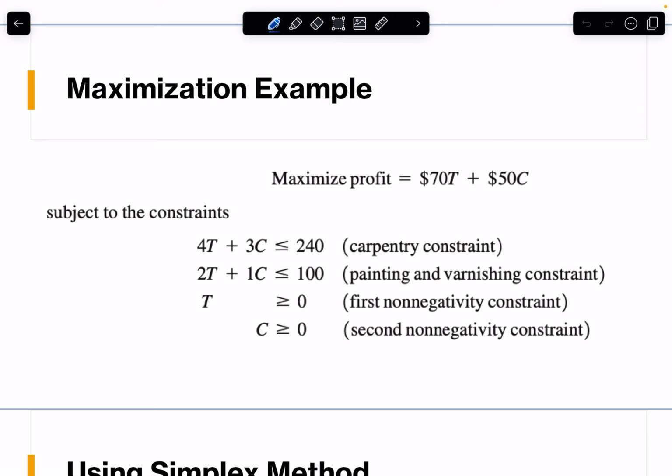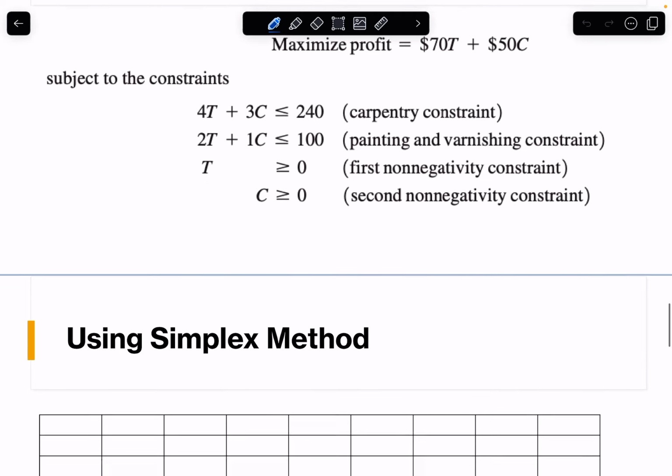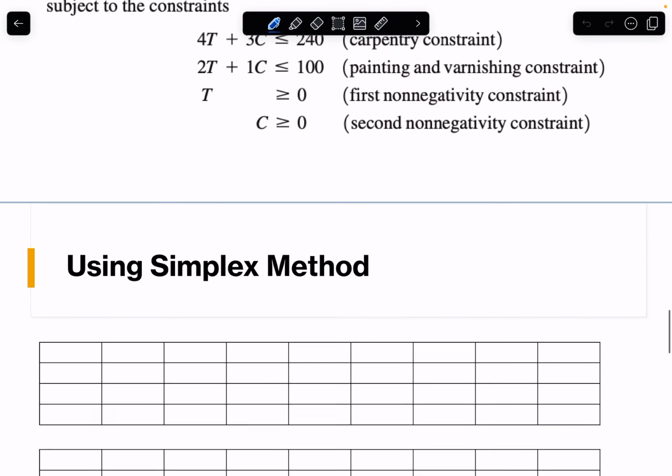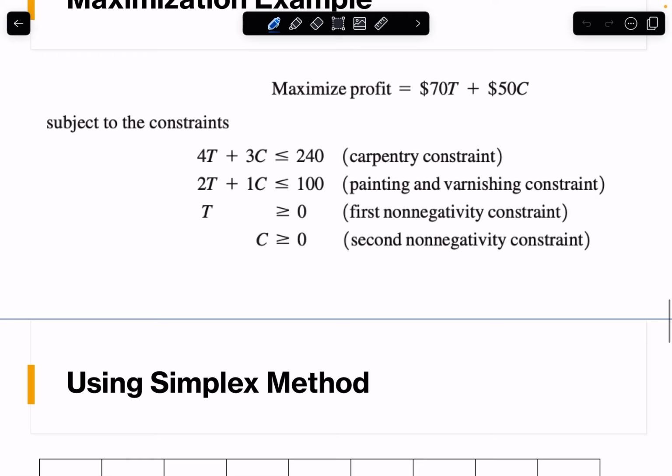And the carpentry constraint, so we have 4T plus 2C, and the painting and varnishing constraint, so we have 2T plus 1C is less than 100. So using the simplex method, we will be introducing the slack variables.